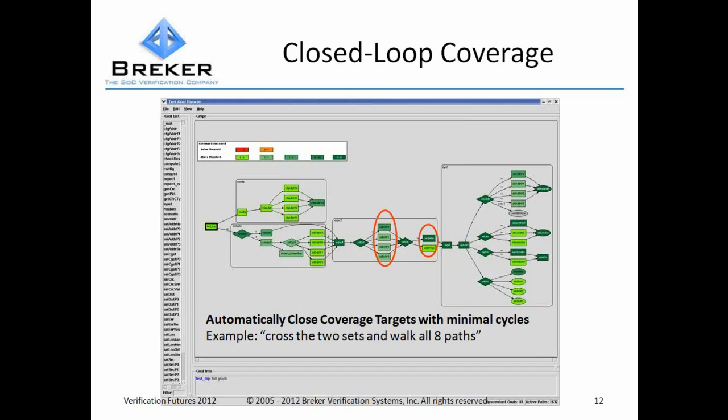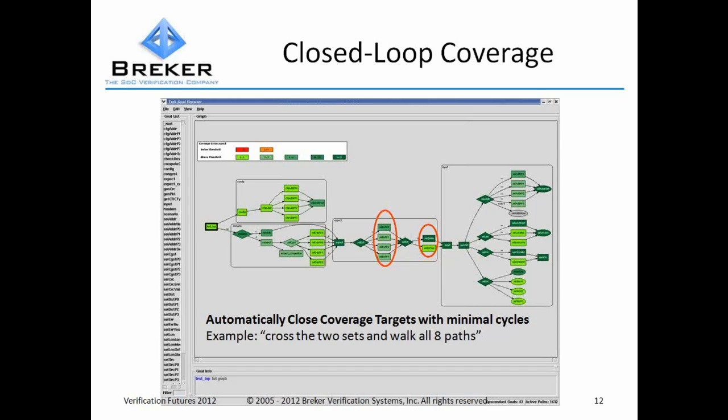You can ask the tool to cross these nodes, which means you need a minimum of 8 paths you have to walk to create this interesting scenario. If the tool does that, it still randomizes all the other decisions inside the graph, which means you're not really creating a directed test.